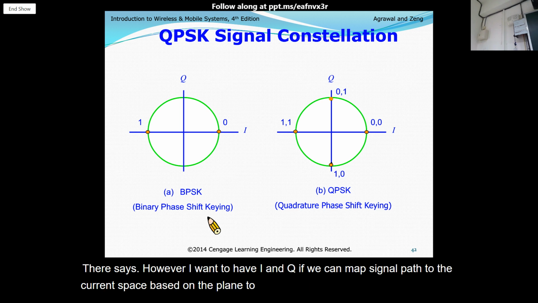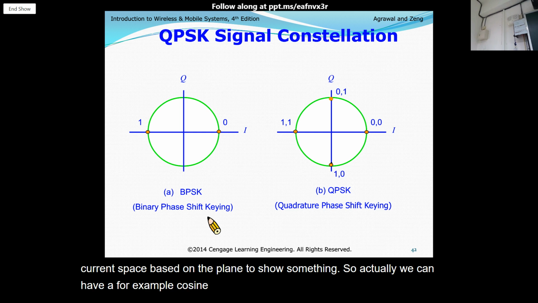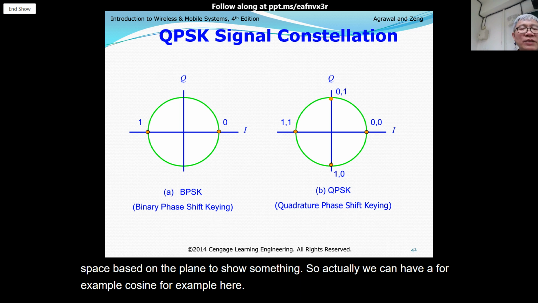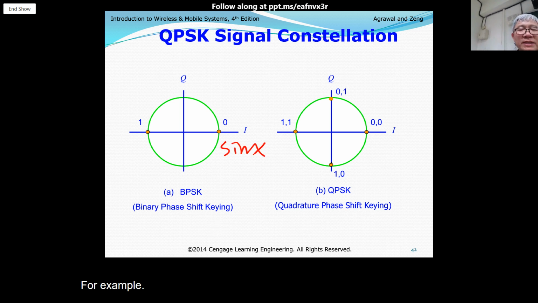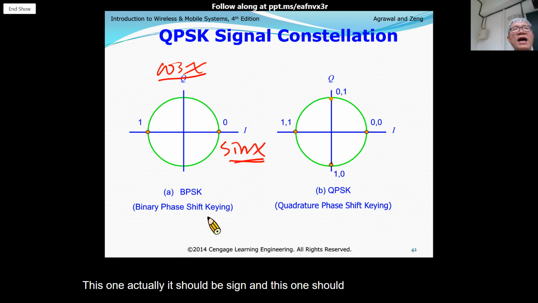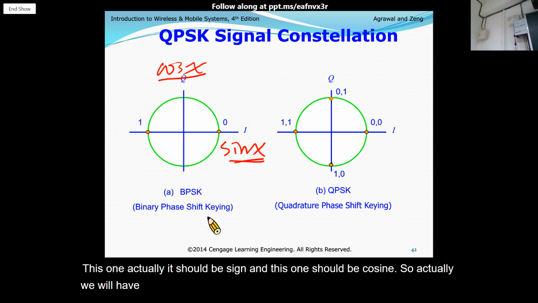So actually, we can have, for example, cosine. For example, here. Oh, this one actually should be sine, and this one should be cosine. So actually, we will have a signal, sine and cosine, but we have the plane to show the signal. All right, something like that.